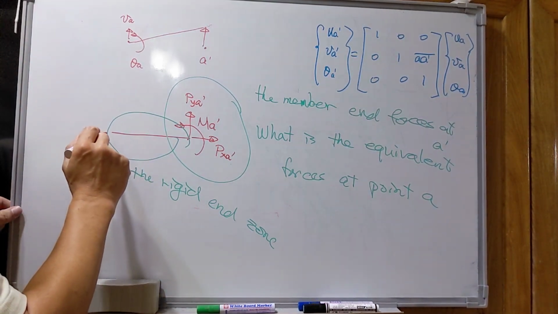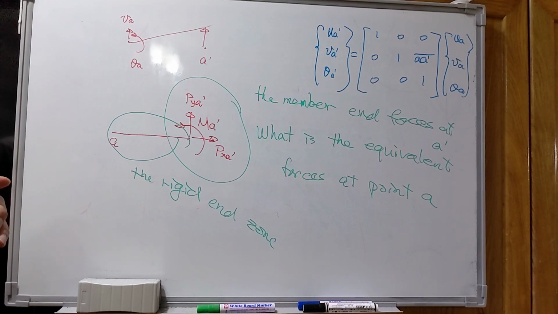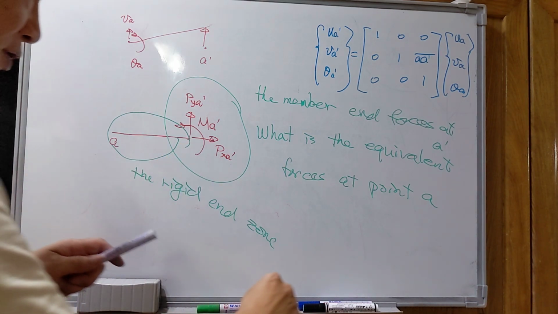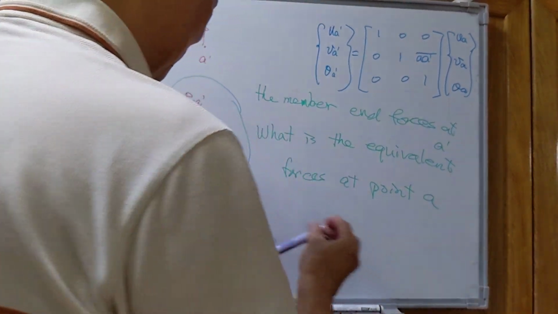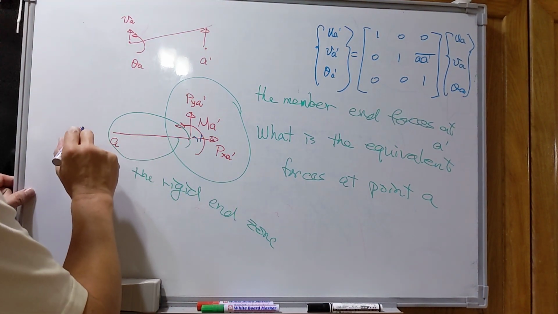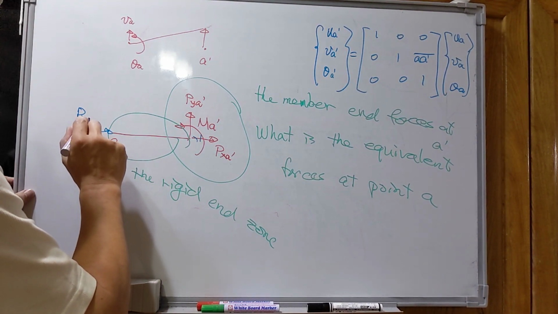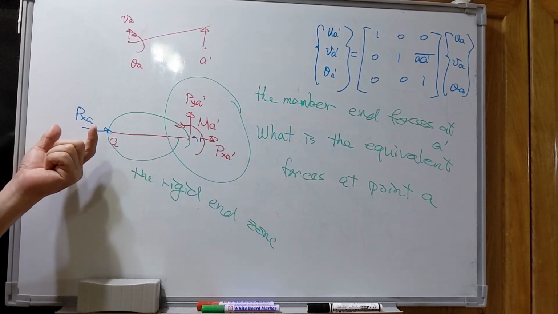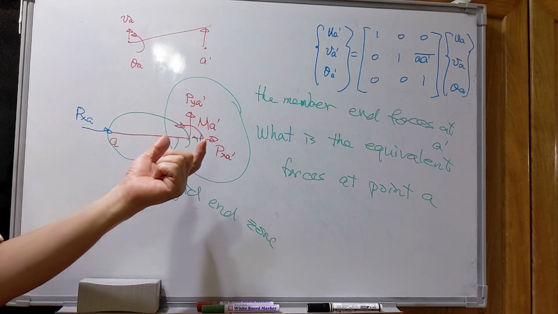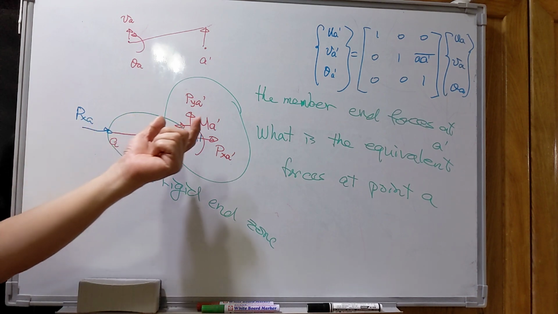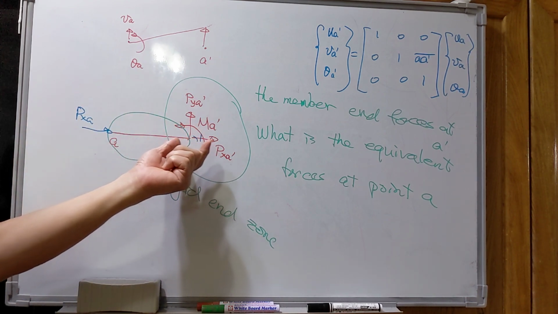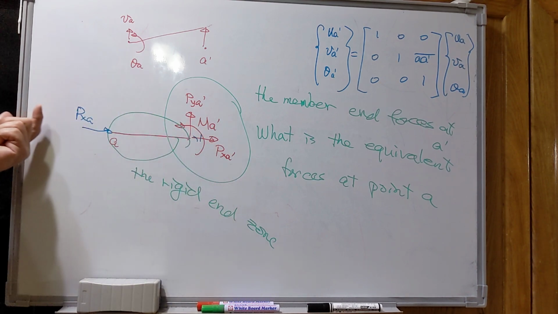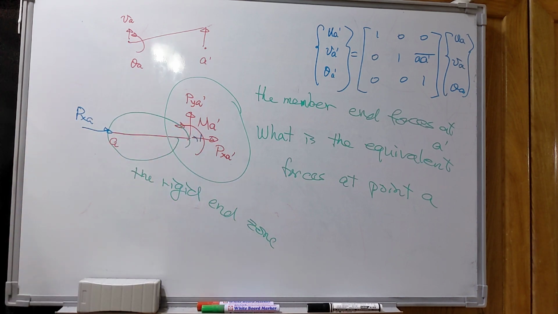calculate the equivalent force. The equivalent force, we can move the PXA prime directly to the PXA. Since as long as the magnitudes of these two forces are the same value, you can move the PXA prime directly to the point A, since they are along the same straight line.